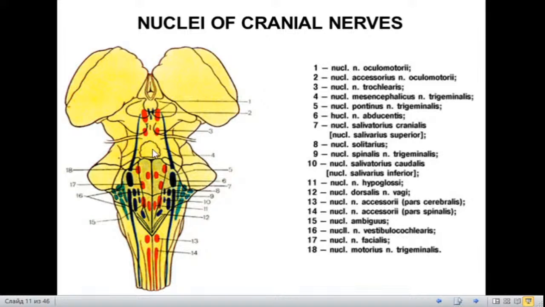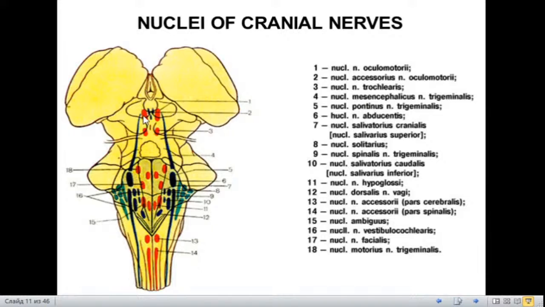Then the fifth cranial nerve has two nuclei, motor and sensory. The motor one is found in the pons and projects to the upper trigone of the rhomboid fossa, in the fovea cranialis. And the sensory nucleus is quite strange. It has three parts. It is a very long nucleus.